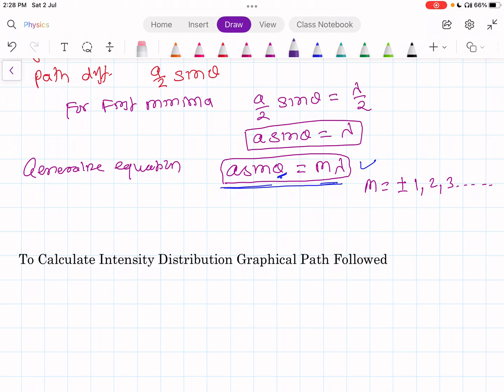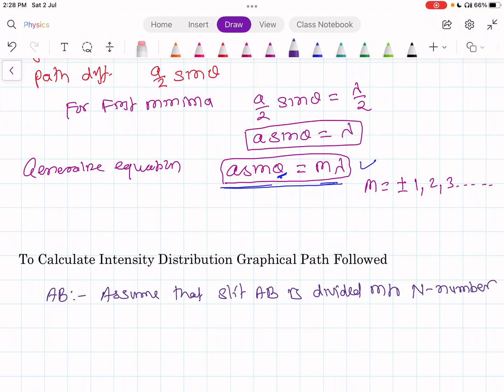Now we have a slit AB. Let us assume that slit AB is divided into n number of small slits. We are assuming that it's not a single slit of width a.